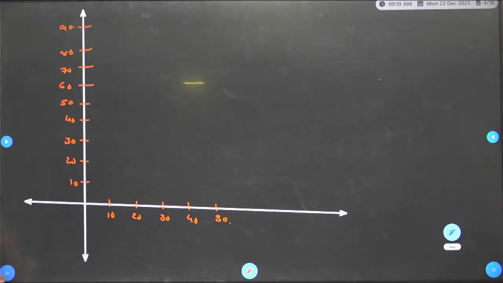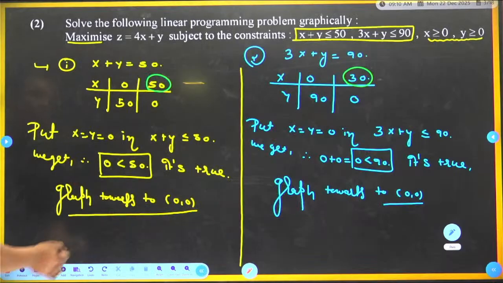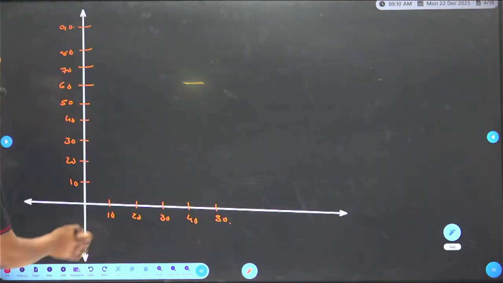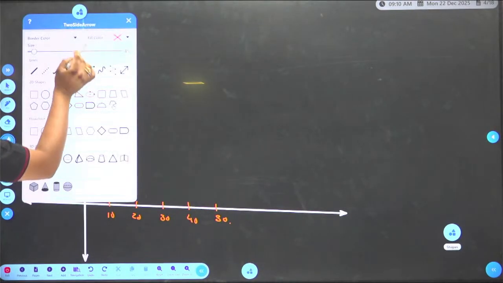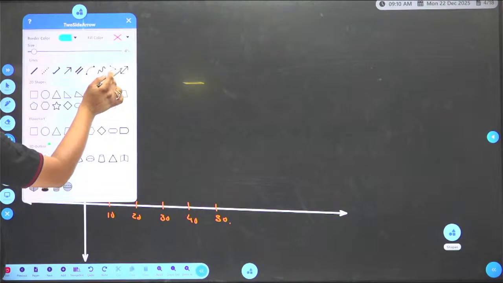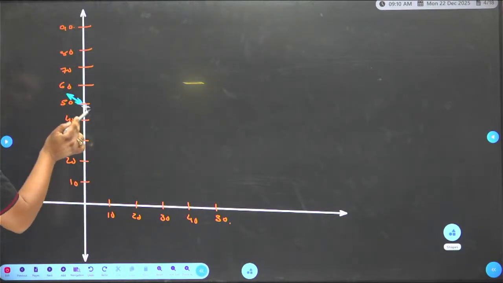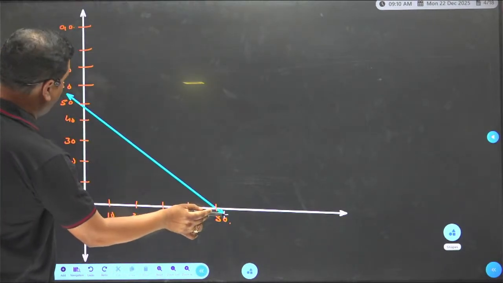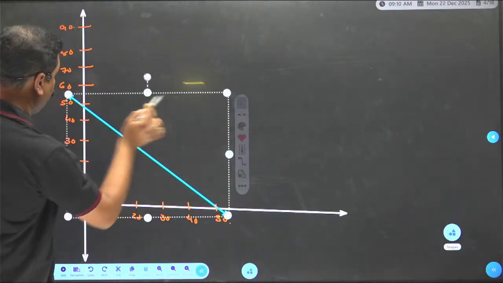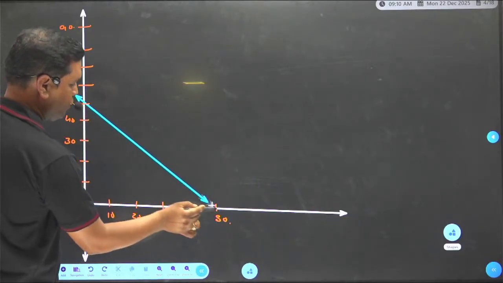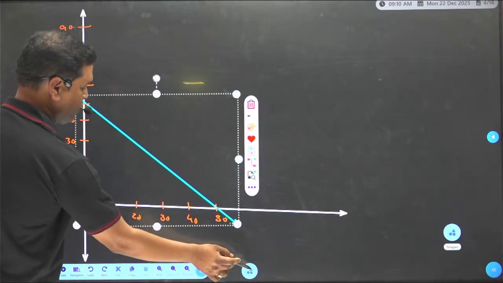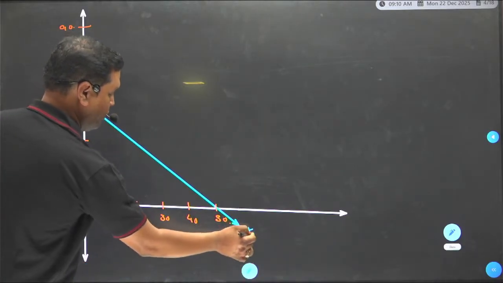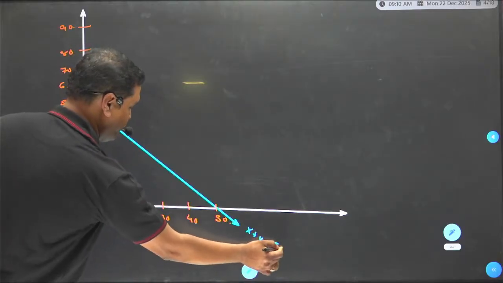First one is what? X and Y are 50, 50. So now X and Y is 50, 50. That one is x plus y equal to 50.